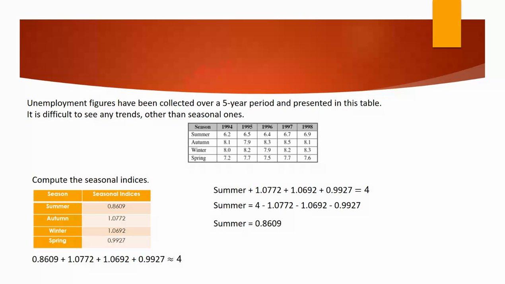So the value 4 here is not fixed. It will vary according to the number of seasons given. Here there are only 4 seasons given, therefore the sum of all seasonal indexes will be 4.